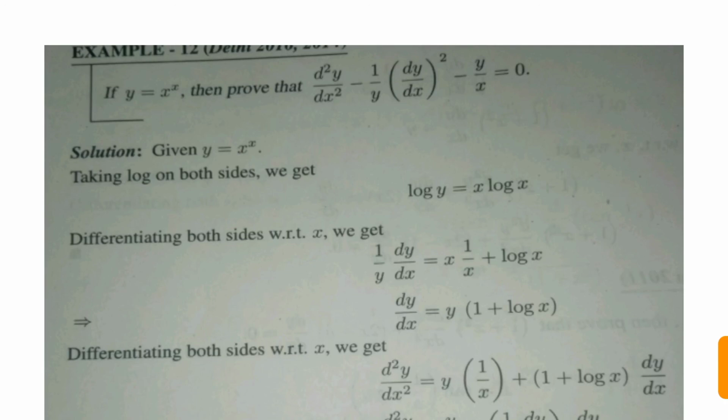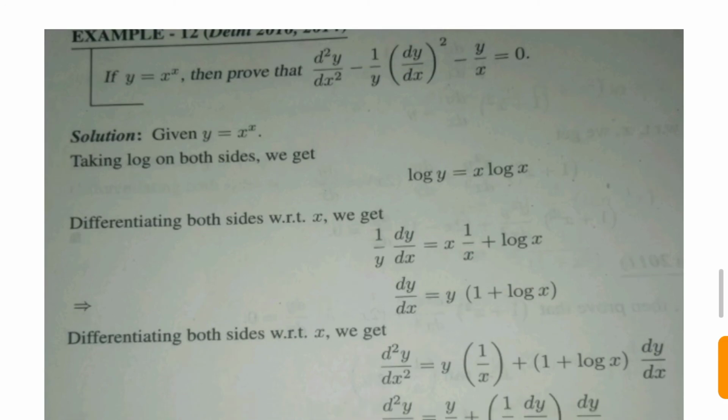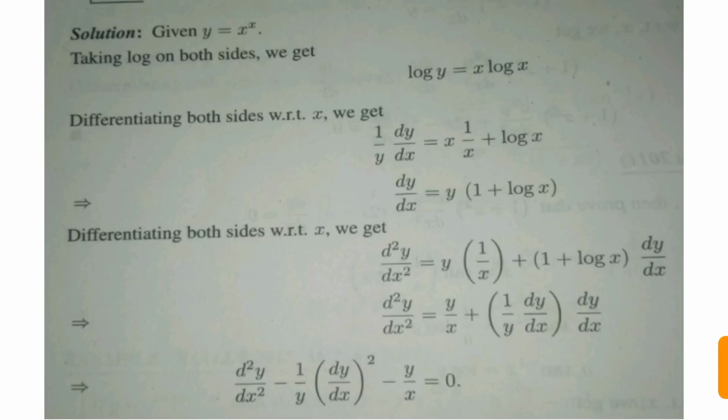So differentiating both sides with respect to x, d2y upon dx2 is equal to y into 1 plus log x. So again differentiate it, we get d upon dx of dy upon dx, that is d2y upon dx2 is equal to y into differentiation of 1 plus log x, that is 0 plus 1 upon x.